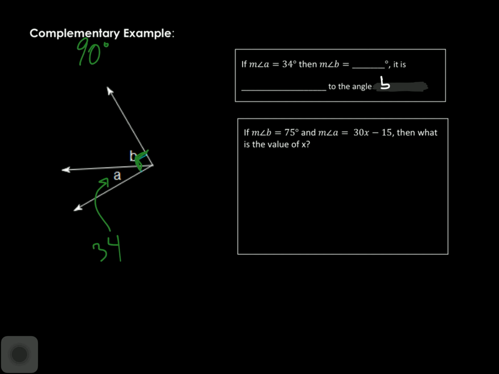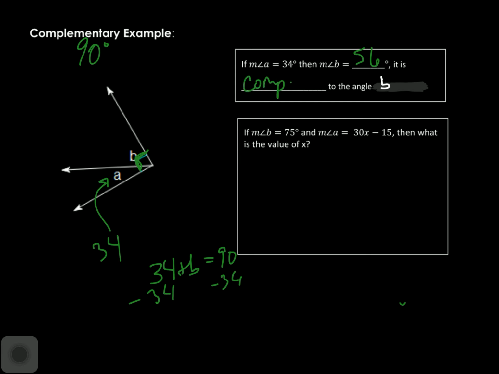Last examples we're going to do are complements, complementary angles. Remember this one, they add up to 90 degrees. So they tell us that the measure of angle A is 34. Find the measure of angle B. Well, we know these two angles form a 90-degree angle, so 34 plus B must equal 90.